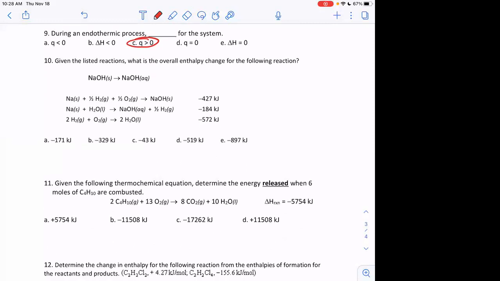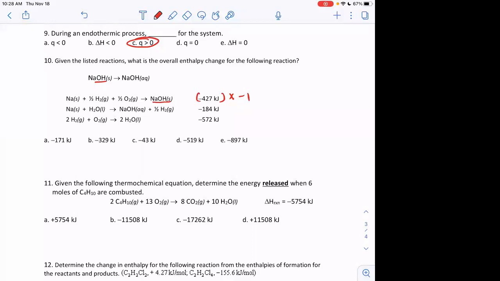Given the listed reactions, what is the overall enthalpy change for the following reaction? Take a look at this if you haven't looked at it already. Flip the first one. You want that sodium hydroxide solid on the reactant side, right? We're going to flip that one to get that sodium solid.